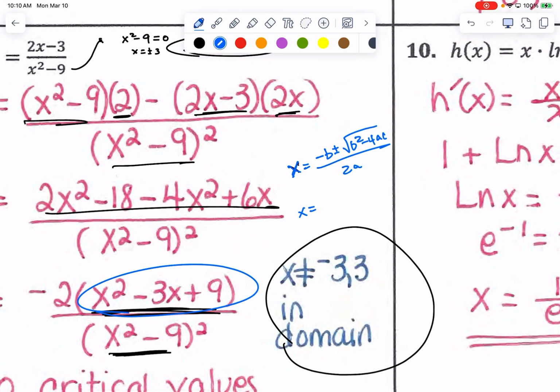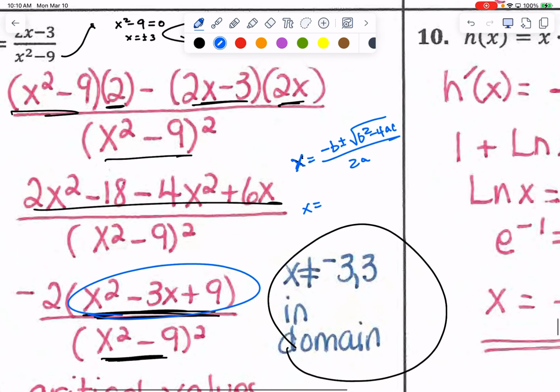It's factored out, so you skip the 2. It would be 3 plus or minus the square root of 9 minus 4 times 1 times 9. I can pretty much stop there, over 2 times 1, because this is going to be 9 minus 36. Is that going to be imaginary? Boom, throw it out. As soon as I see it's imaginary, I'm throwing it out.